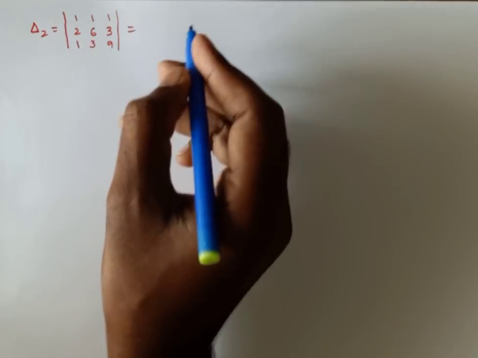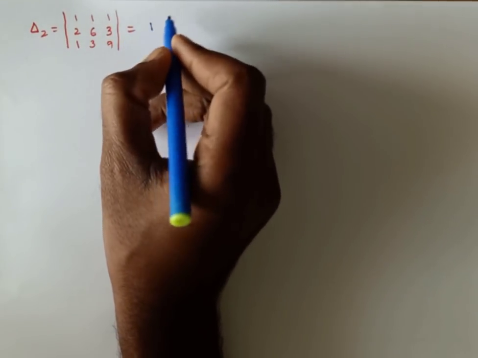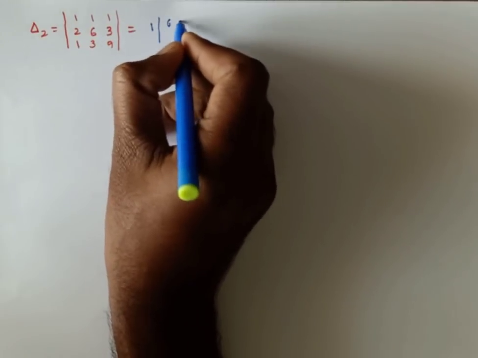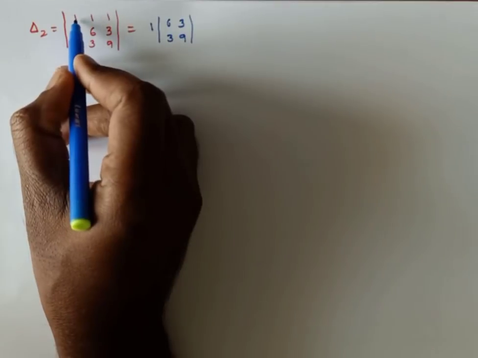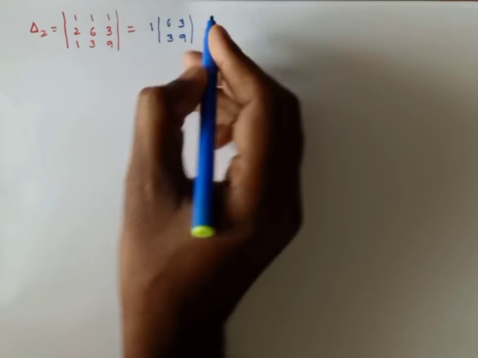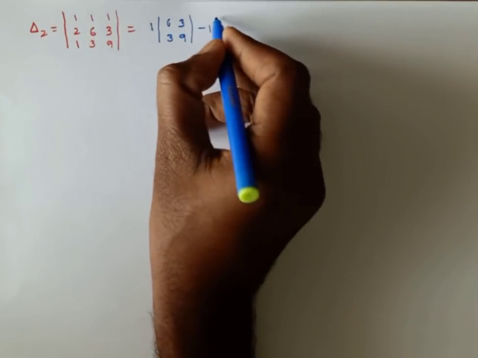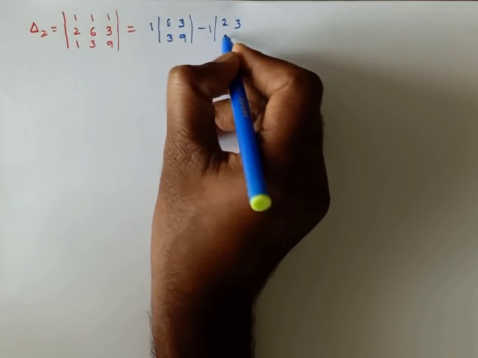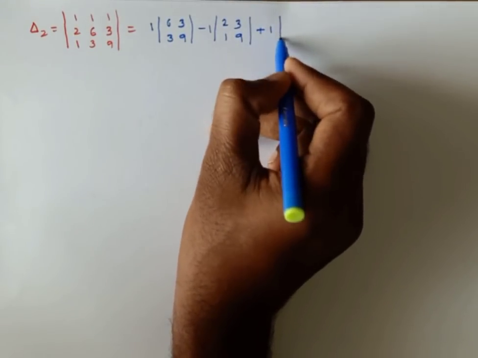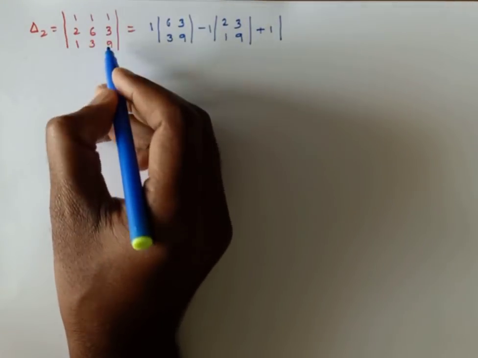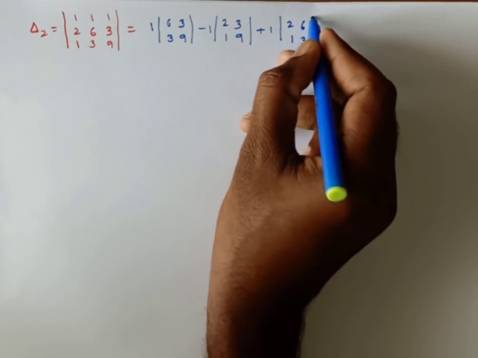Here you can use the first row to expand the given determinant. So this is 6, 3, 3, 9, minus 1 times the determinant obtained by deleting this column and row, which is 2, 3, 1, 9, plus 1 times the determinant obtained by deleting the row and column, which is 2, 6, 1, 3.